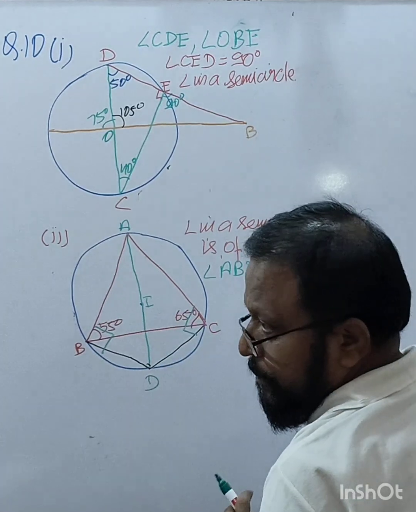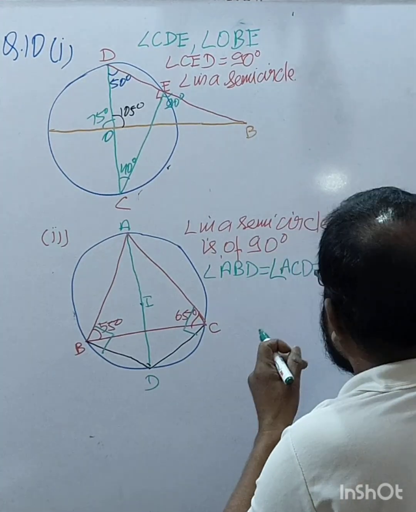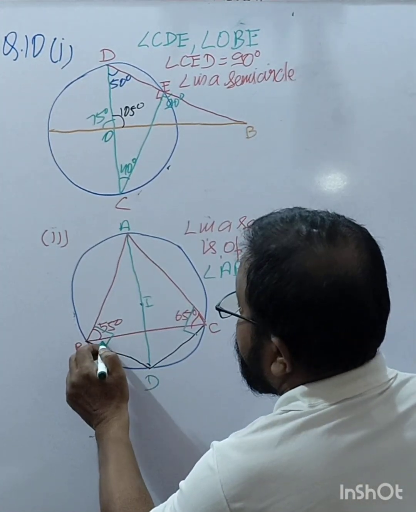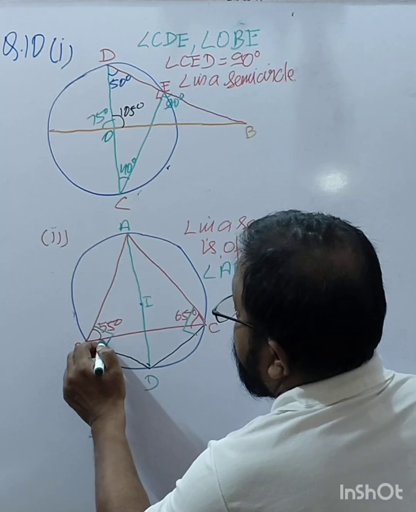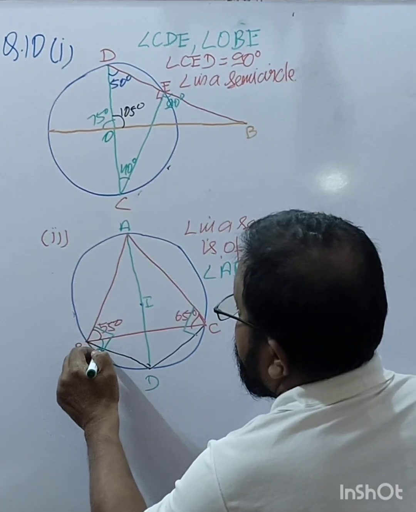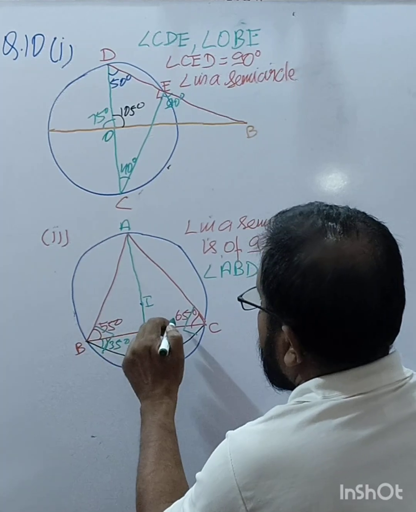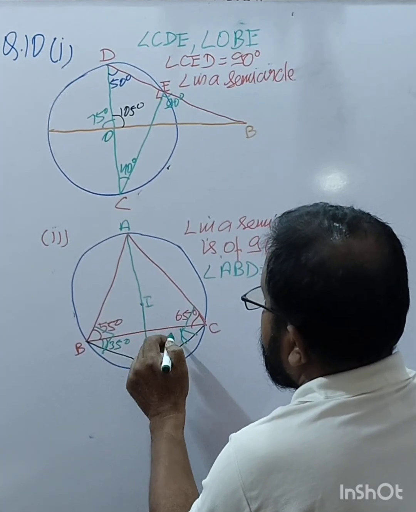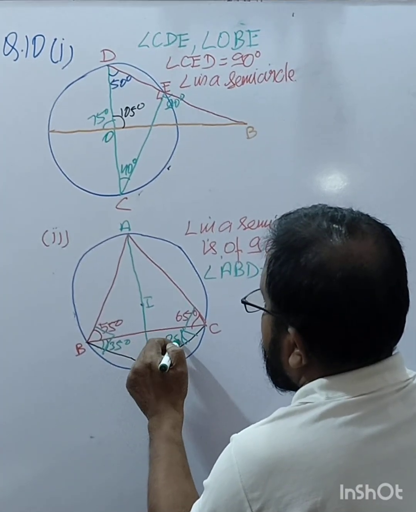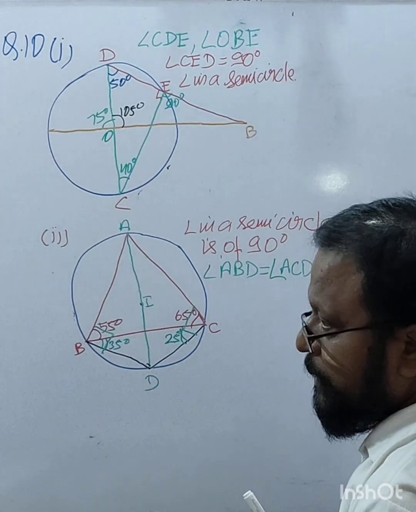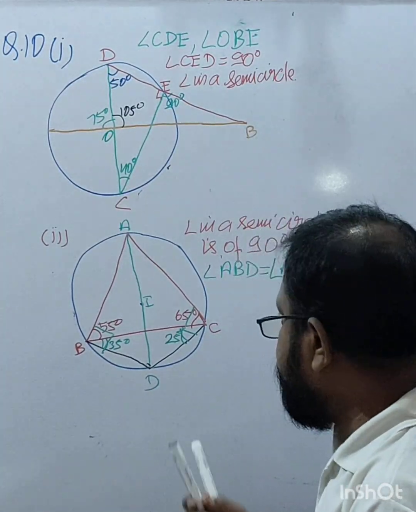ये 90 degree के हो गए, right? So now this is 55, so this is 35. This angle is basically of 35 degree and this angle is of 25 degree, right? What is it asking?